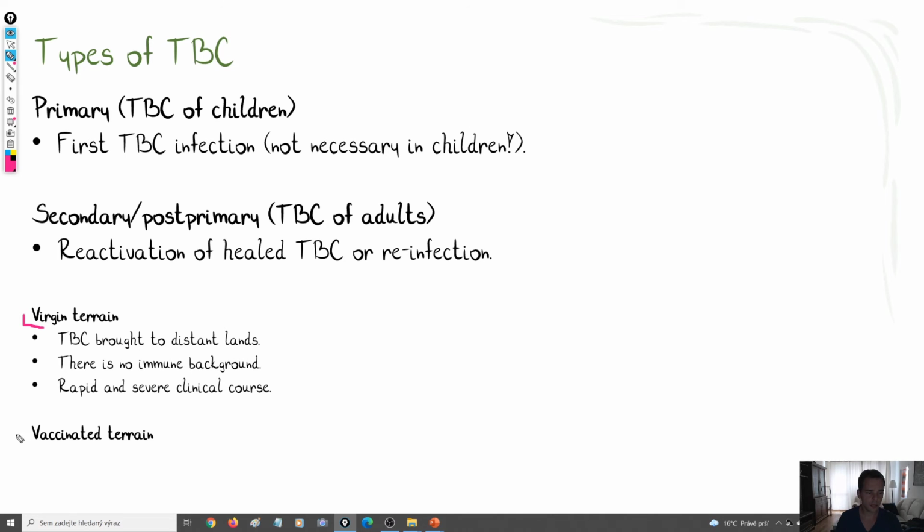And last is the vaccinated terrain, because vaccination against TBC doesn't protect us from infection. It protects us from severe complications. So we can get TBC even in a vaccinated state, but the TBC looks different.